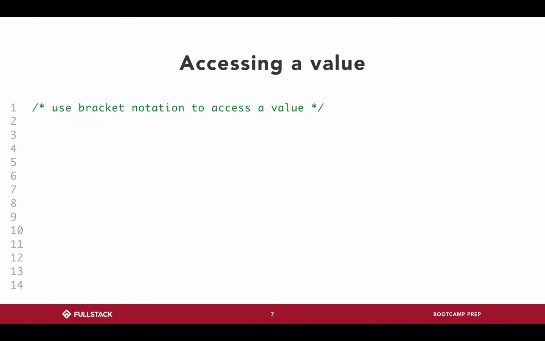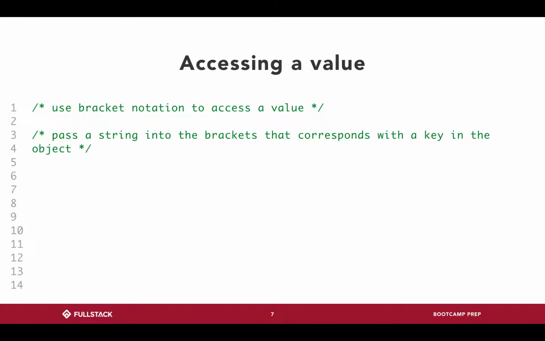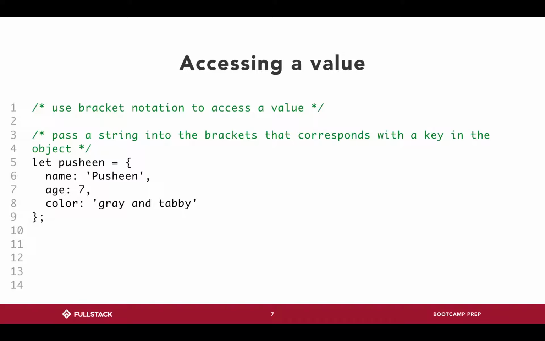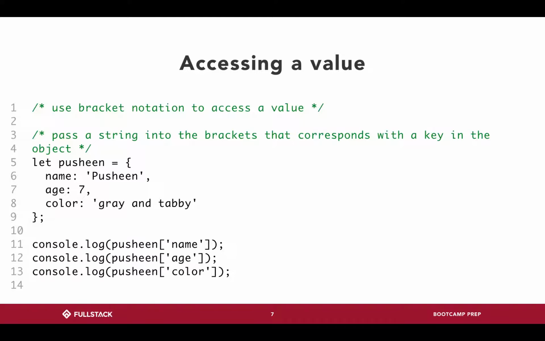Let's talk about accessing values in objects. Now, anyone just throw out for me how we access values in arrays? By index, but specifically, what is the character that we use? Square brackets is what I was looking for. The good news about objects is that we can do the same thing with one slight difference.